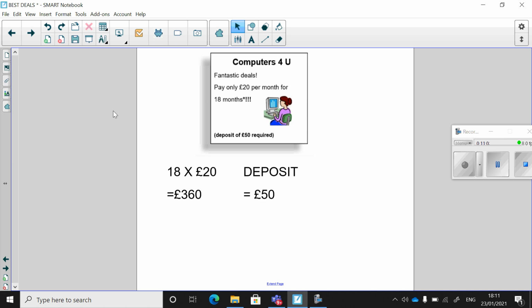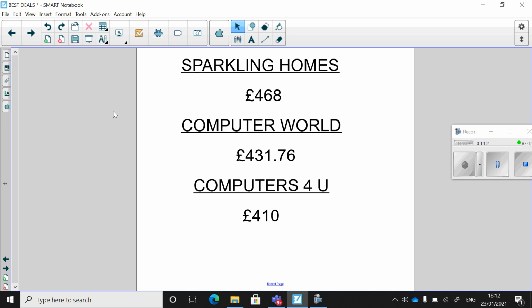That's always in the small print, isn't it? So we need to add these together, 360 plus the deposit, to get a final cost for us of 410. That's right, isn't it? Yep, it is. Right, so that's us. We went through the three groups, so now we've brought them all together and we're going to have a little look.